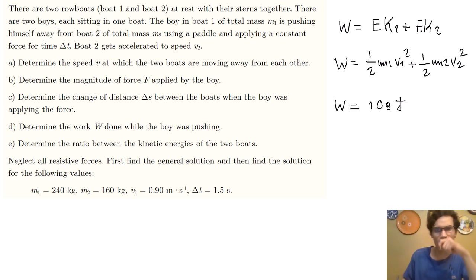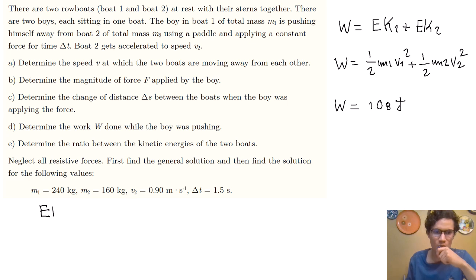Finally, in the last question, we determine the ratio between the kinetic energies of the two boats. We put the one that is higher in the denominator, and the one that is higher is the second, because the second mass is higher.